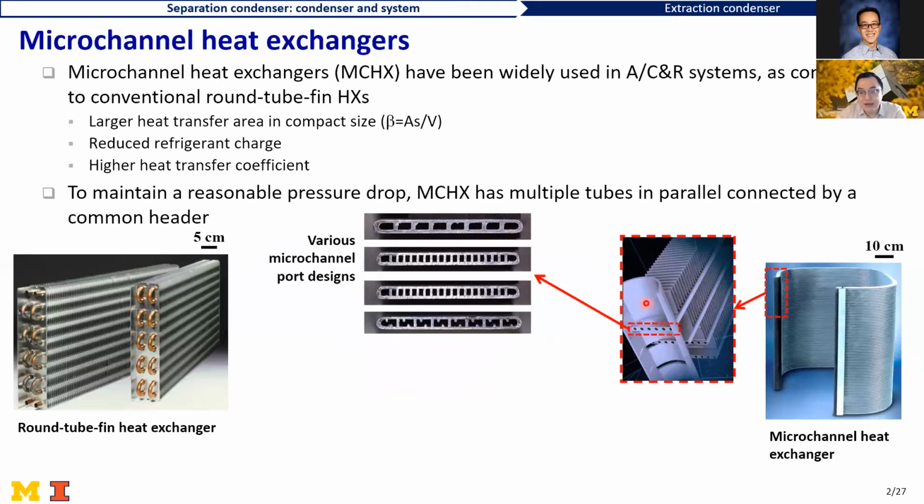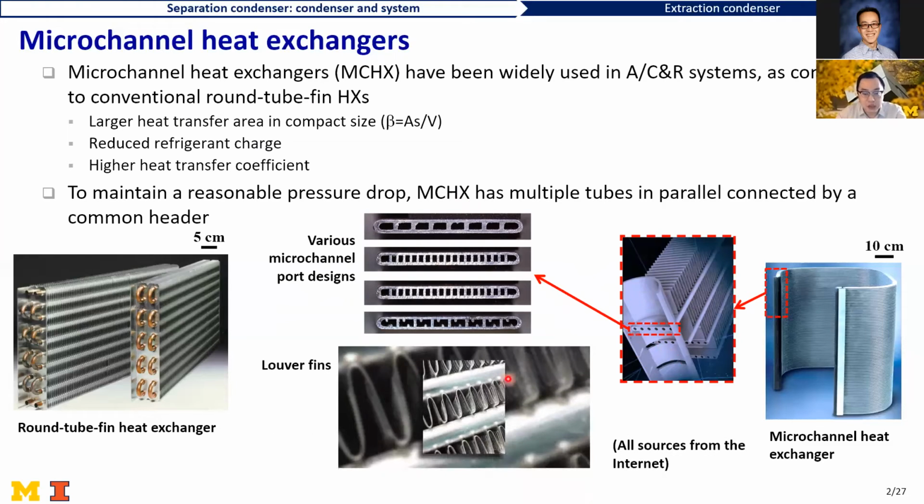The header is basically a D-shaped or round-shaped cylinder, as we see in this graph. People have modified the port size to enhance the in-tube heat transfer, and for a complete picture, I'm also showing the louver fin on the air side. The louvers are designed to enhance the air side turbulence, and that also increases the air side heat transfer.